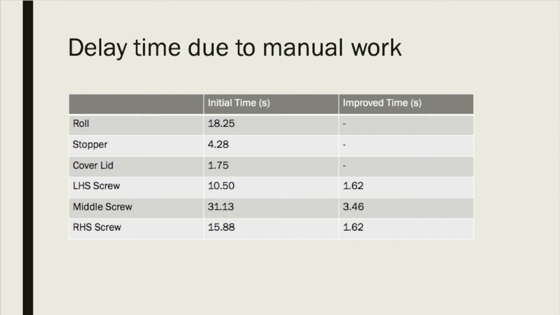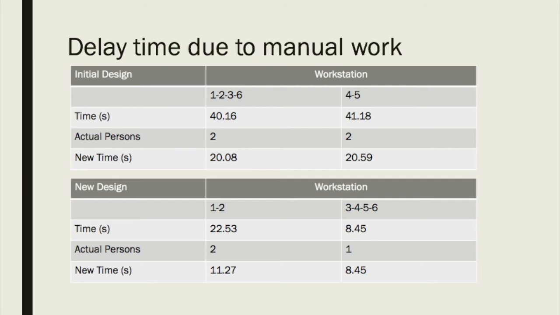As stated before, only 3 tasks involve the use of screwdrivers, so you can see the change in just the 3. The task times are approximately brought down to 1/10 of its initial time. The improvement of using automatic screwdriver from the initial design can be seen from these 2 tables.